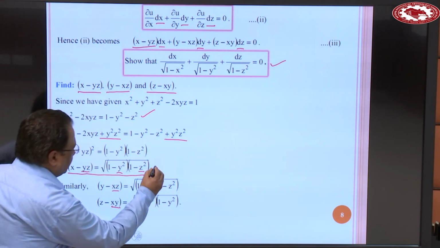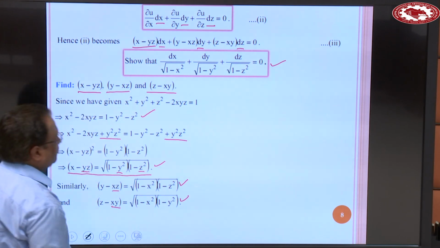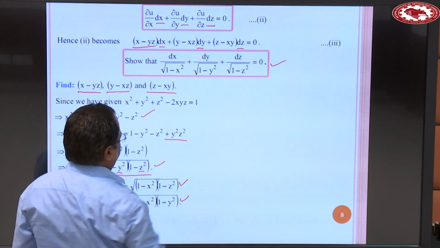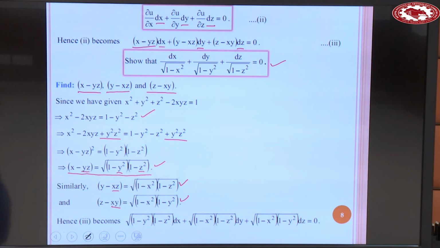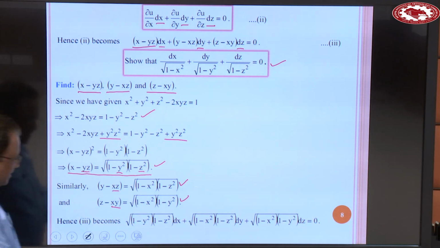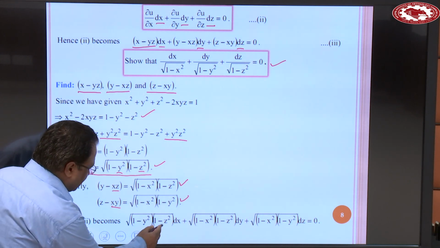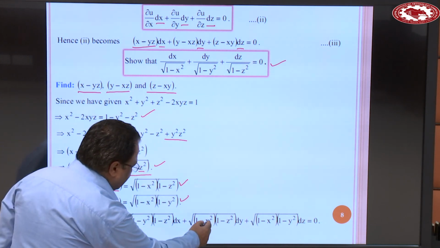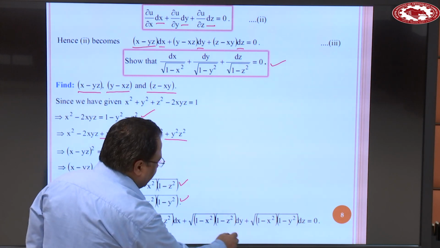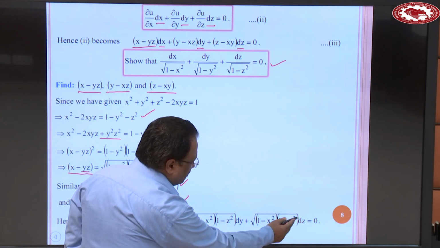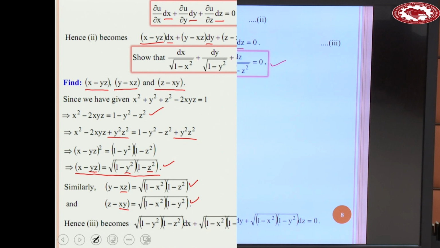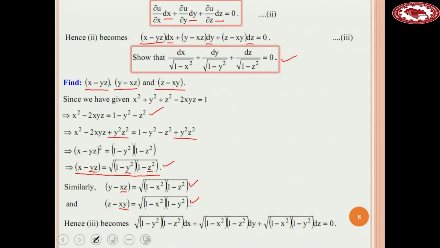Now, substitute these three values here. When you substitute these values, we obtain this expression: √((1 − y²)(1 − z²)) dx + √((1 − x²)(1 − z²)) dy + √((1 − x²)(1 − y²)) dz is equal to 0. But we need this result.